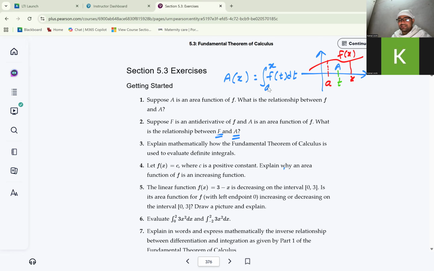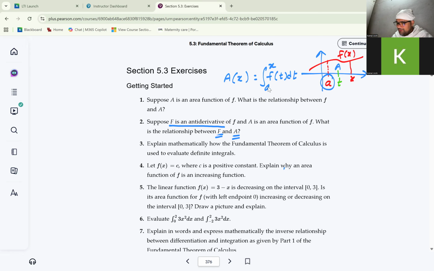When I define an area function, I choose a starting point and the area under the graph is measured starting from there. In general, for an antiderivative, that starting point is not fixed, and hence we have that arbitrary constant c in the integral.